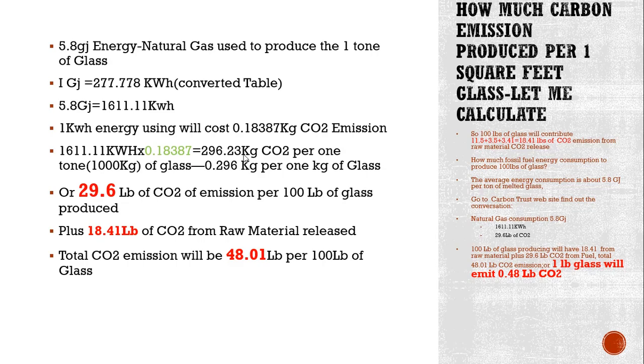Plus the carbon dioxide previously released from the raw materials of stones, which is 18.41, added together you come to 48.01 pounds of carbon per 100 pounds of glass produced.